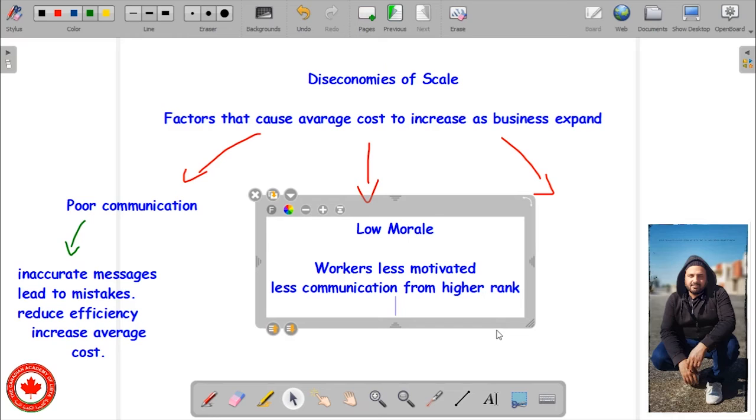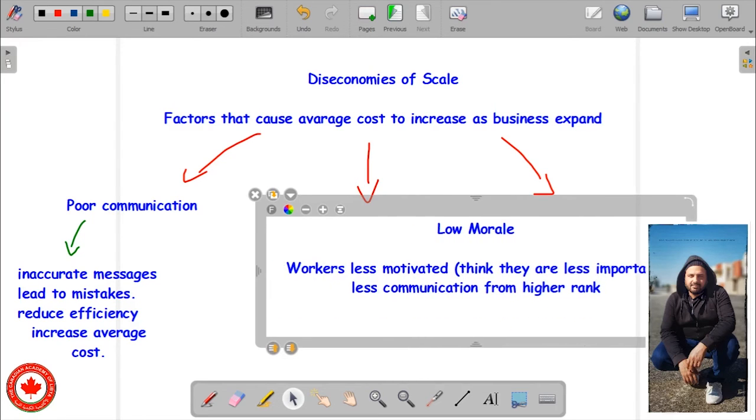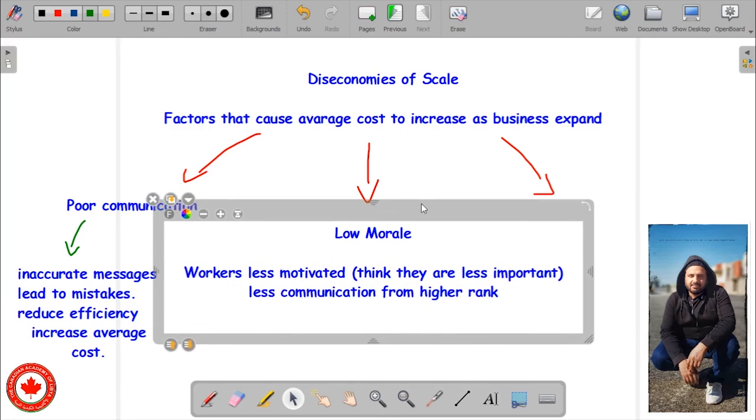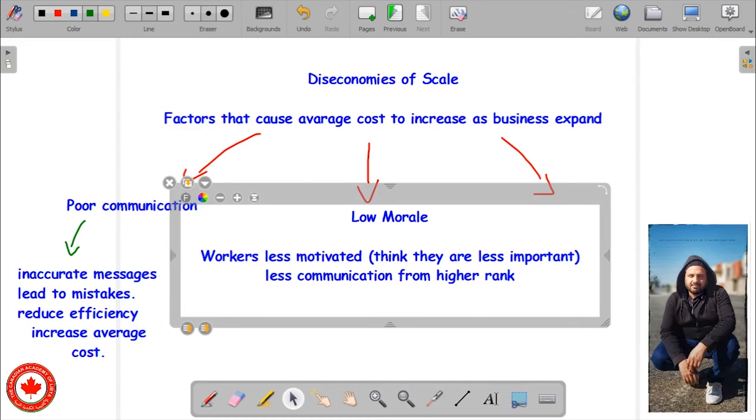This low motivation makes workers think they are less important, and due to that, the efficiency will drop.